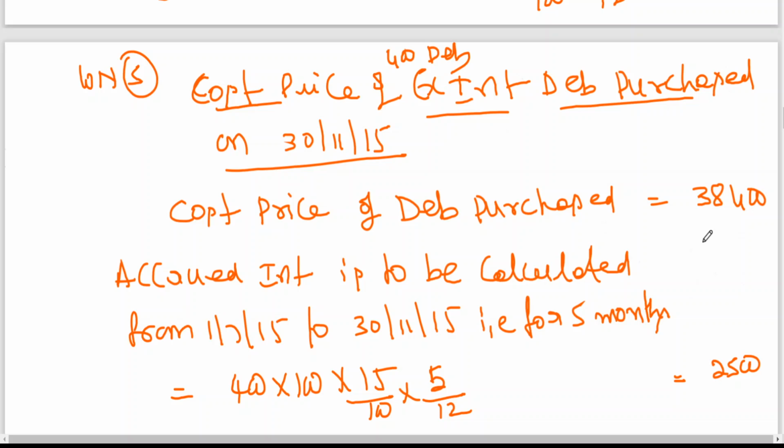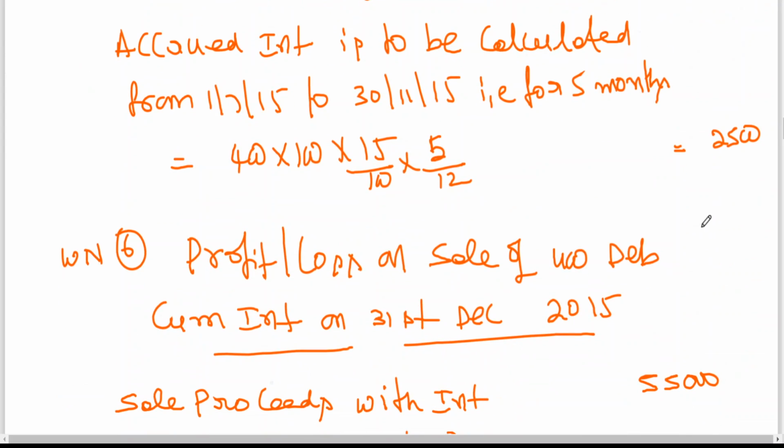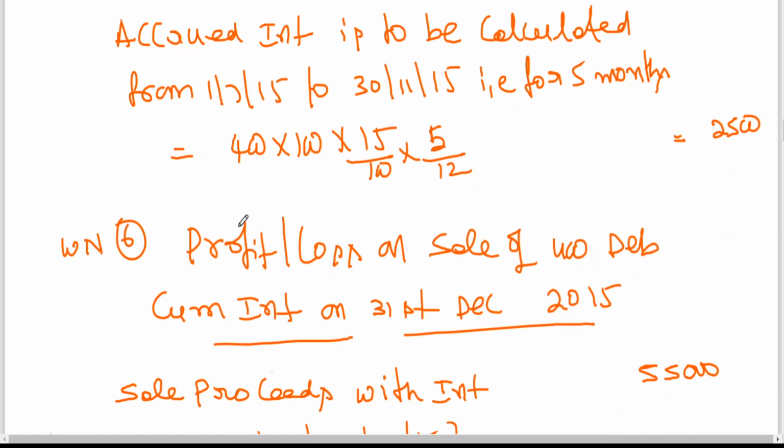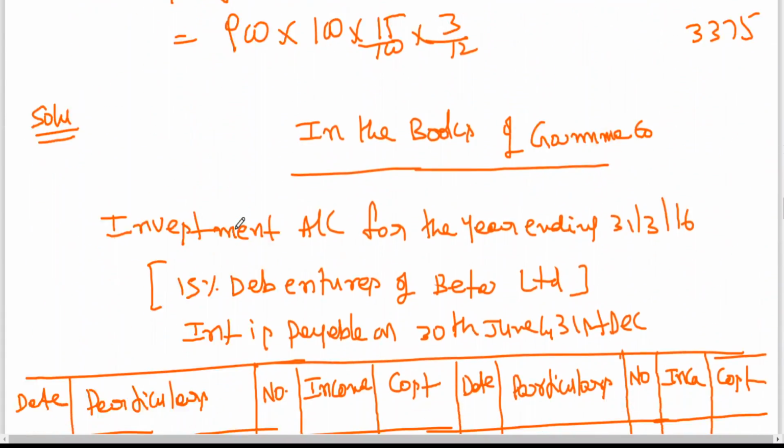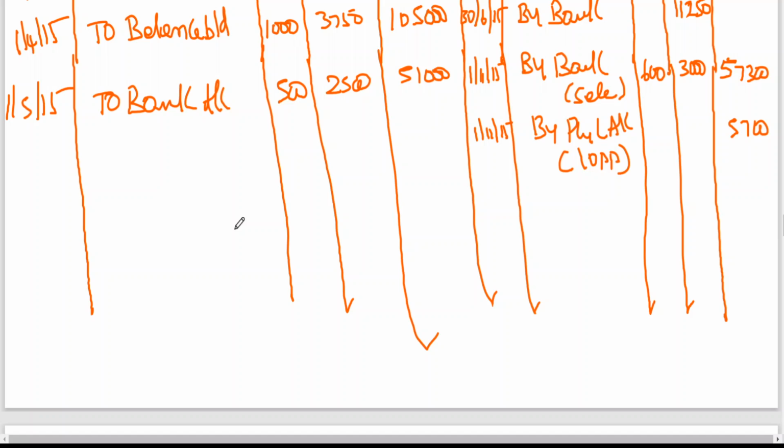Working notes number 5. Cost price is how much? 38,400. Accrued interest is how much? 2,500. How many debentures have been purchased? 400 debentures have been purchased. November 15, to bank. How many debentures have been purchased? 400 debentures.